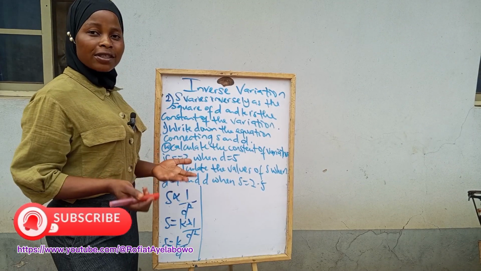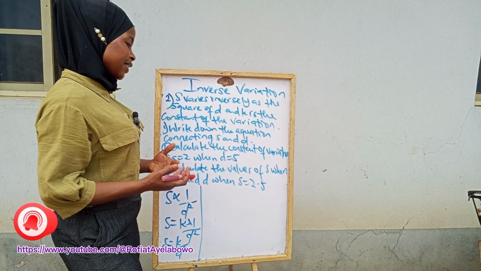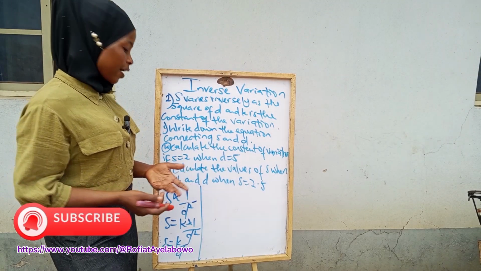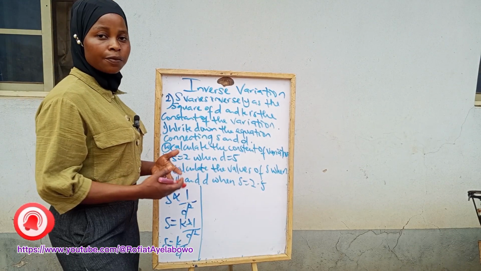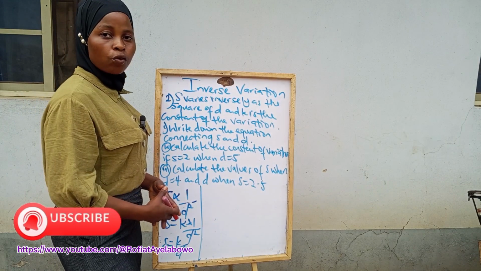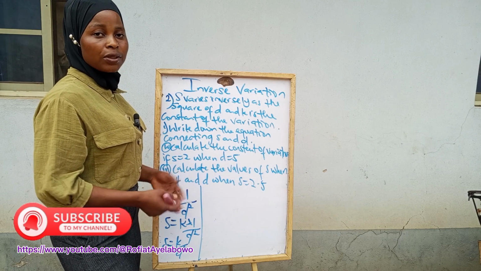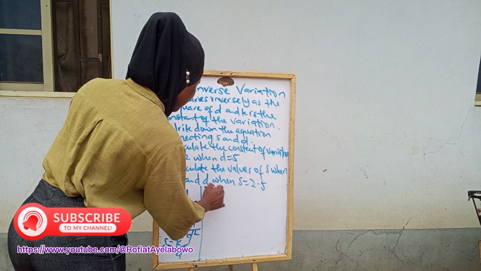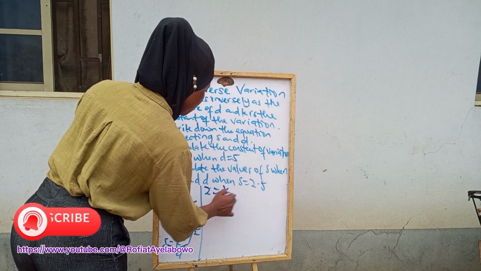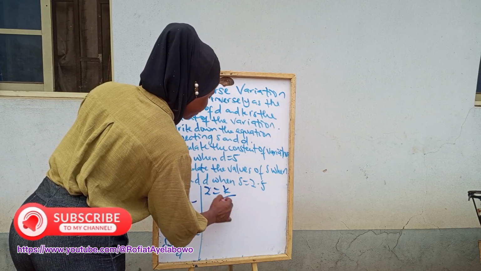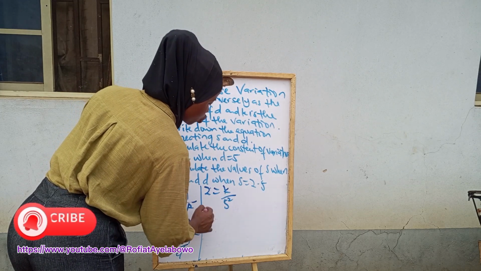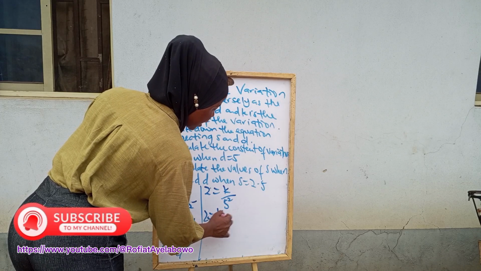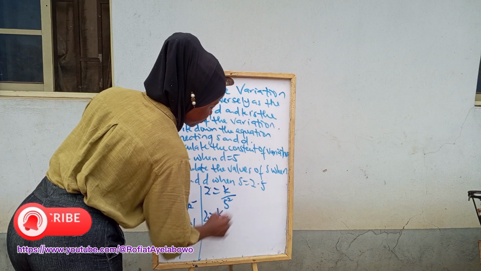Next thing, calculate the constant of variation if s is equals to 2 and d is equals to 5. Now let's substitute the first two expressions into our equation so that we can calculate the rate at which they are proportional. We have 2 is equals to k over 5 square. 2 is equals to k over 25.